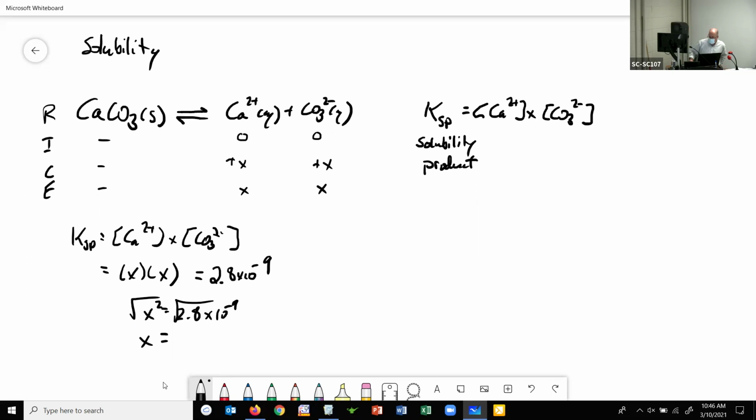Now, the nice part about solubilities is that there's no alternate description that chemists came up with. Once we solve for X, that is the concentration of the ions in solution. Square root of the Ksp, 5.3 times 10 to the negative 5.